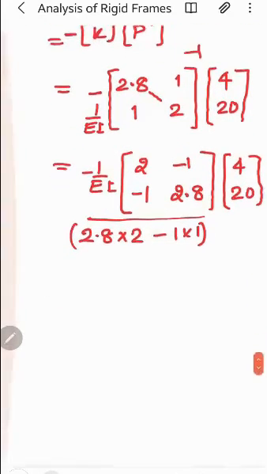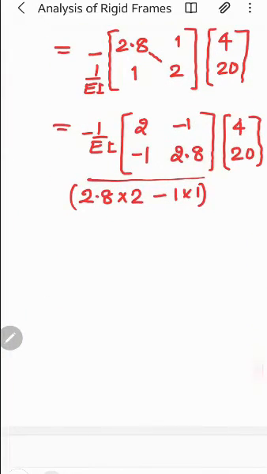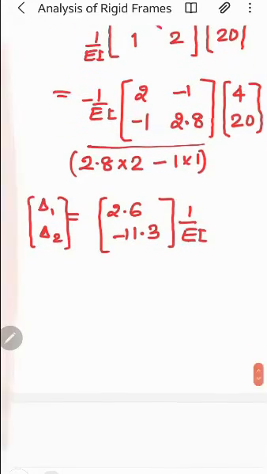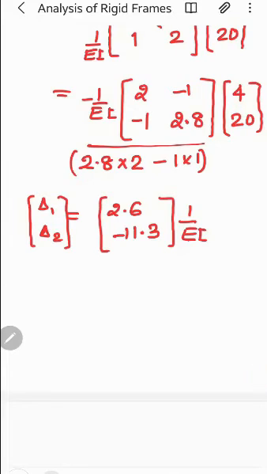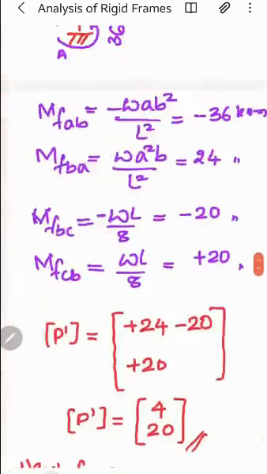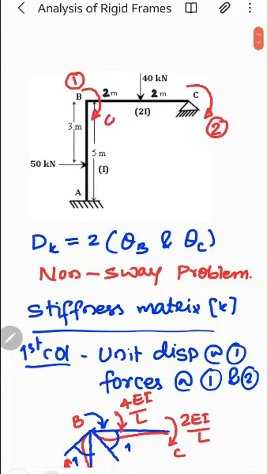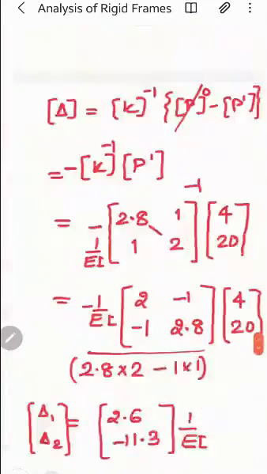And if you simplify this, you will get plus 2.6 and minus 11.3, right? And 1 by EI is here. So this is delta 1, this is delta 2. So what is delta 1? Delta 1 corresponds to theta B, delta 2 corresponds to theta C. Coordinate number 1 is at B, which corresponds to theta B. Coordinate number 2 corresponds to theta C, right?